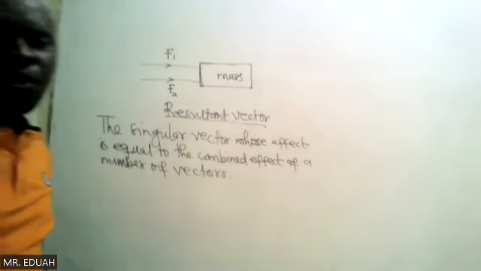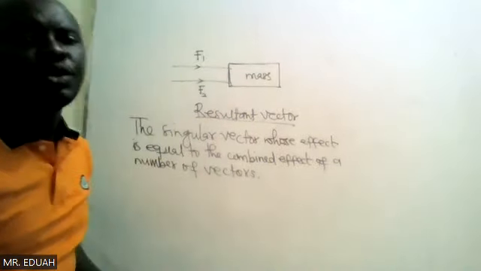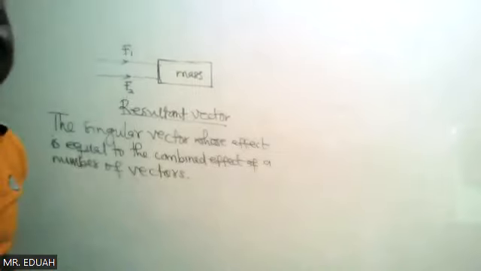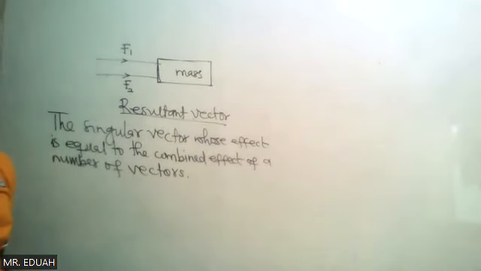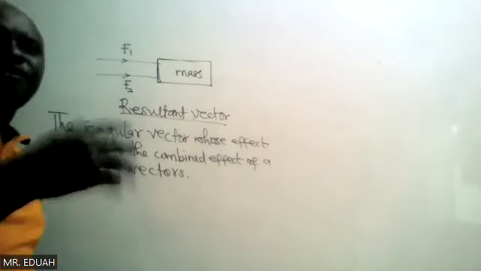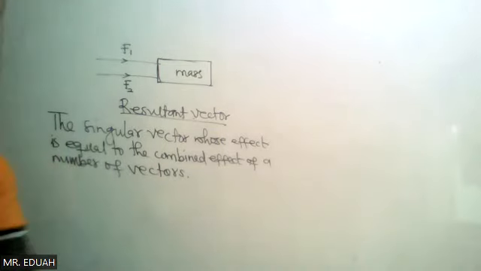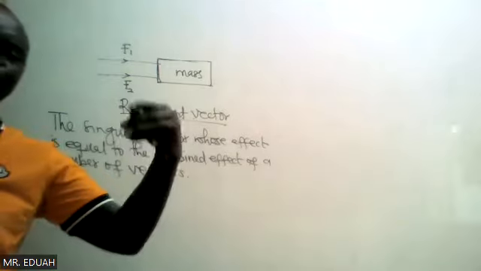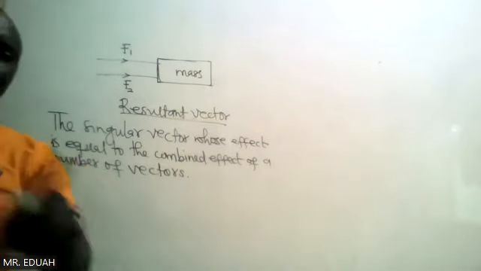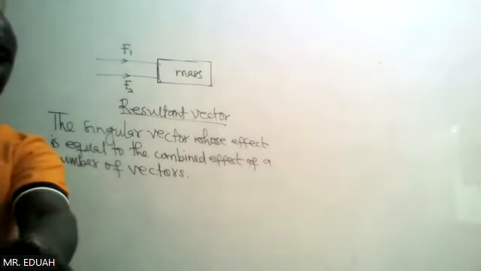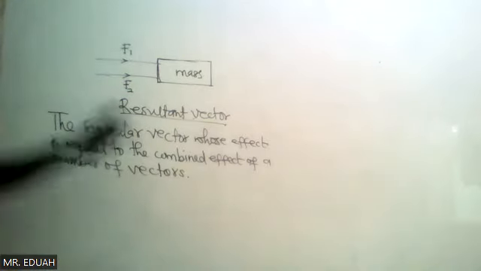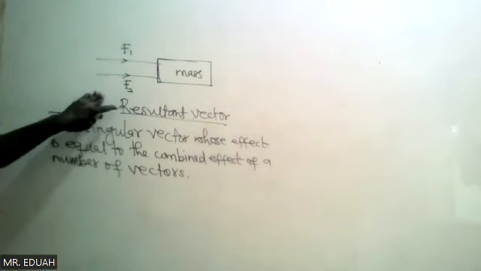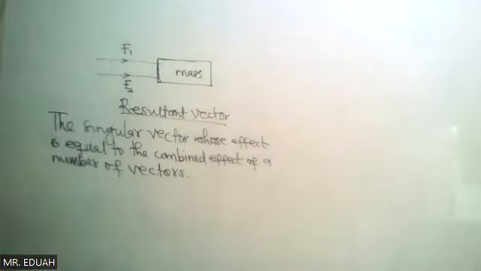Meaning that what you as a single person can do, a number of people must do the same thing, or what a number of people can do, you as an individual can do the same thing. And that is what we call a resultant vector.